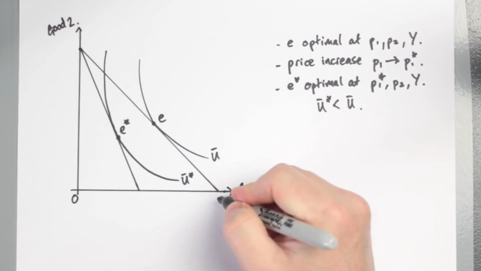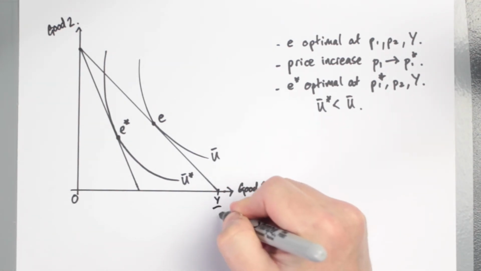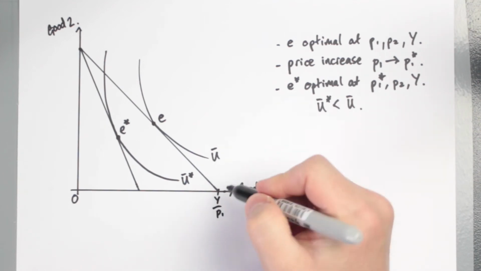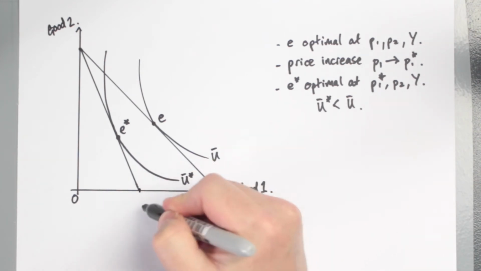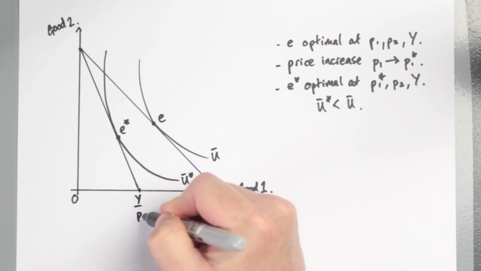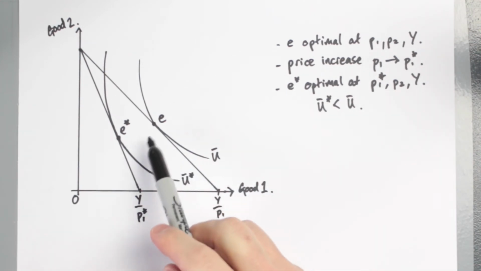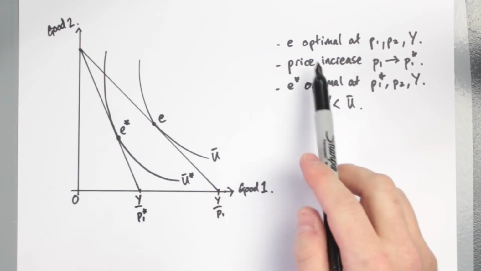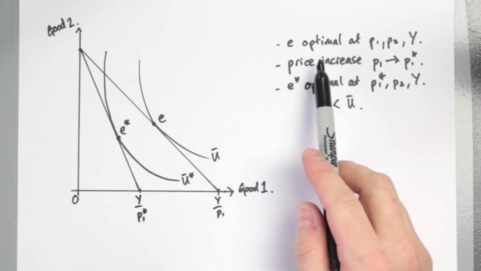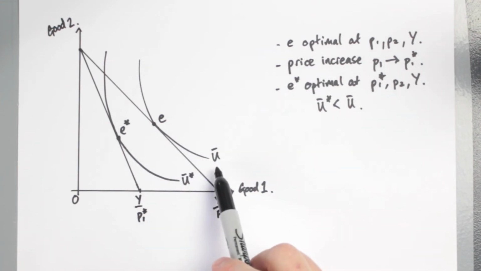So we could just make a note here that this point is Y divided by P1, and this point here is Y divided by P1 star.